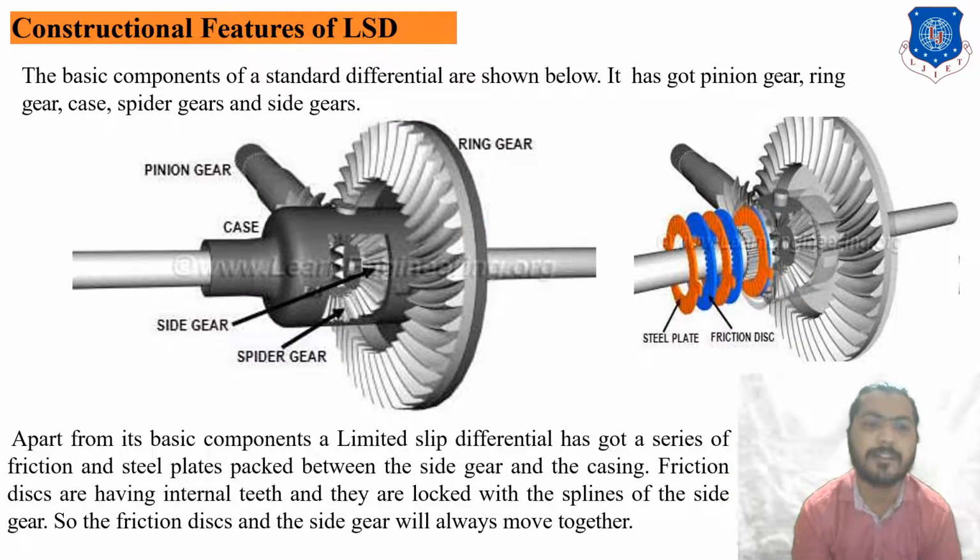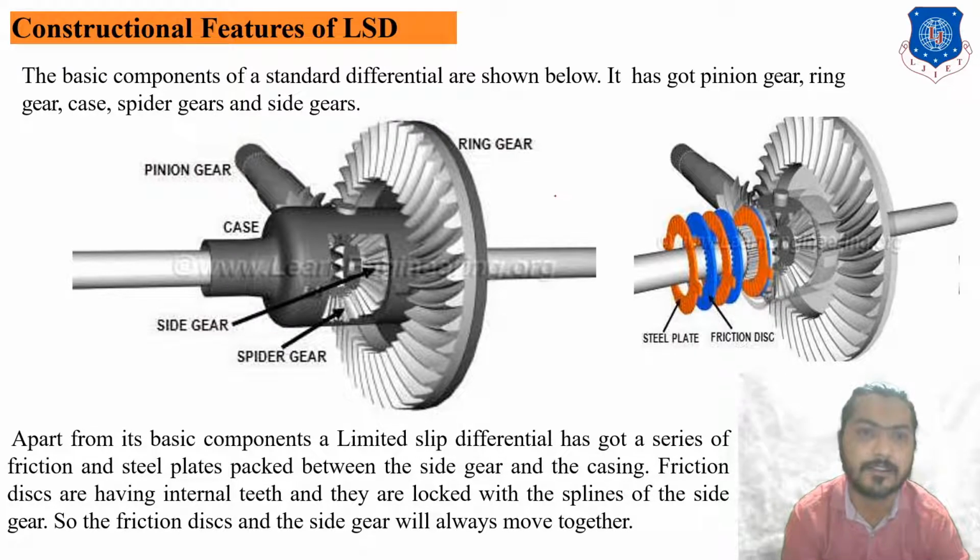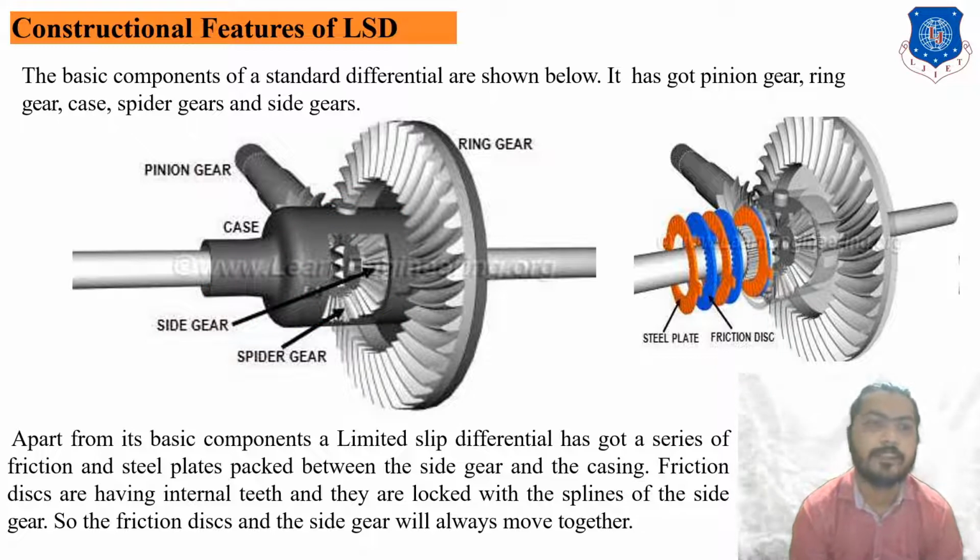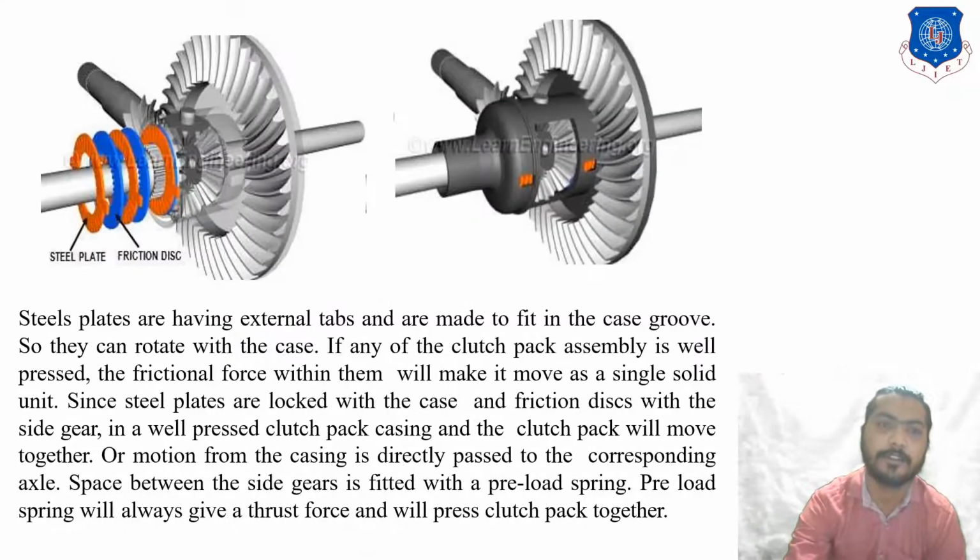Apart from its basic components, the limited slip differential has a series of friction and steel plates packed between the side gear and the casing. The casing is the upper portion, this is our casing. The friction discs have internal teeth and are locked with the splines of the side gears, so the friction disc and side gear will always move together.